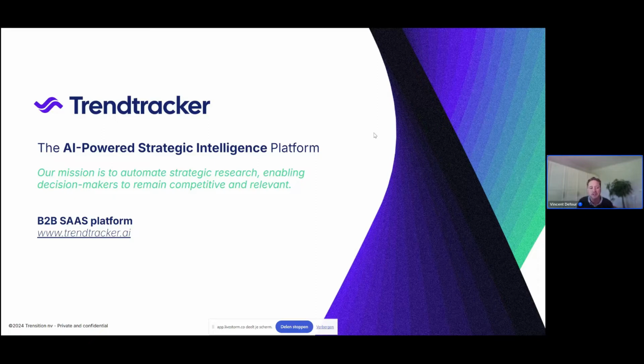So really, the mission that we're in is about automating as much as we can of the traditional strategic practice workflows, and by doing so, enable analysts, enable decision makers, enable teams that typically report out to C-level and boardroom to remain competitive and relevant by focusing on future-proof strategies.